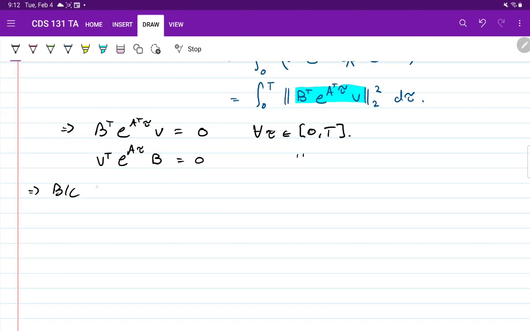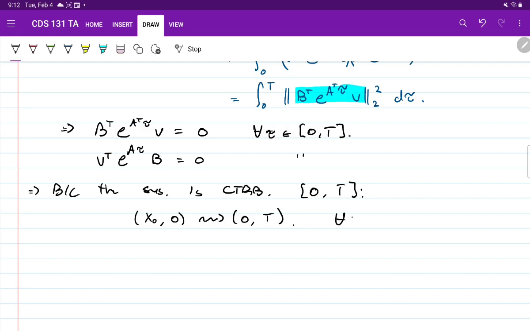So what do we have? Well, because the system is controllable on all time intervals, it's controllable on 0 comma t. What this implies is that for any state x naught, starting at time 0, I can reach the state 0 at time t. I could do this for all x naught in R^n.